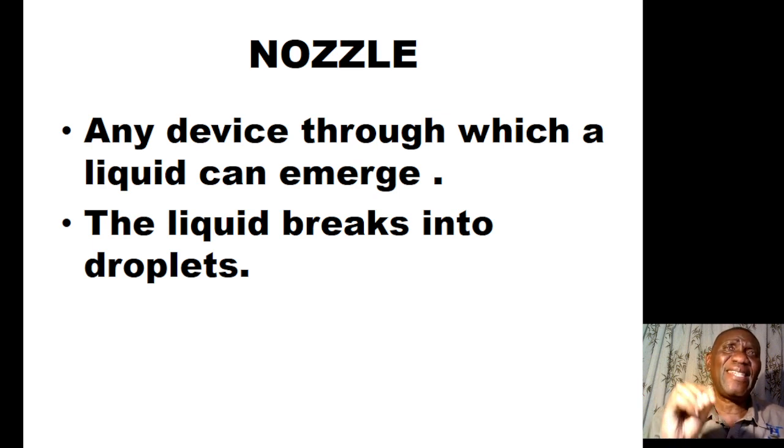It could be the nature of the nozzle which creates these droplets, and there are various nozzles which have been designed to deliver different types of droplets so that they can be targeted to the pest. So a nozzle is any device through which a liquid can emerge. The liquid then breaks into droplets.